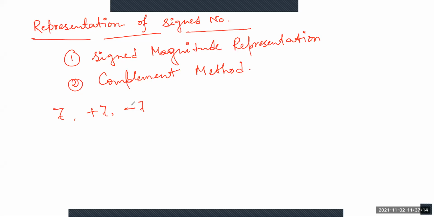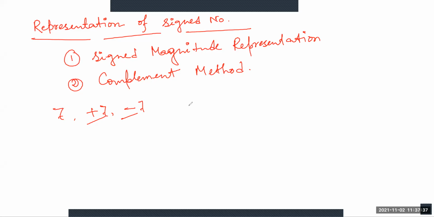So first, we want to know what is the difference between the signed number and normal number. Here normal number is 7 and these two are signed numbers. Here you are getting the plus sign and here you are getting the minus sign. So this signed number has some sign.